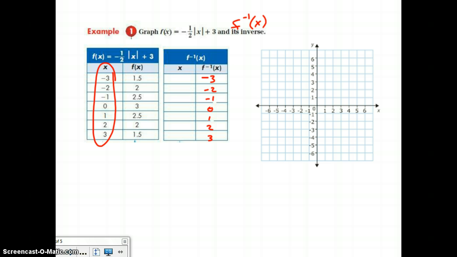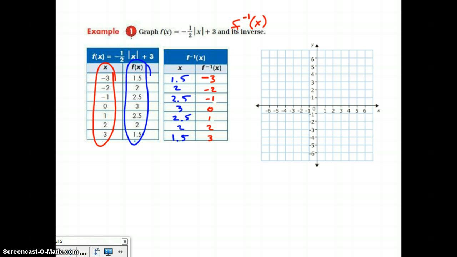And then where I have the output values, which would be basically my y coordinates, I'm going to put those as the input values for my inverse function: 1.5, 2, 2.5, 3, 2.5, 2, and 1.5.